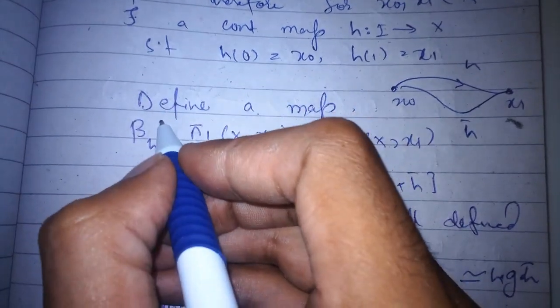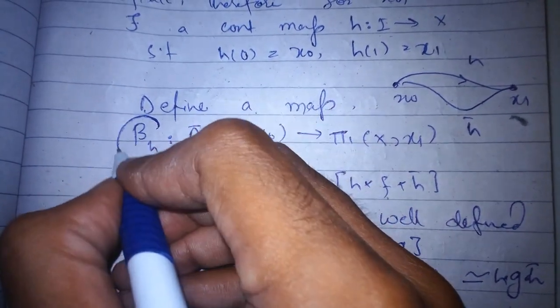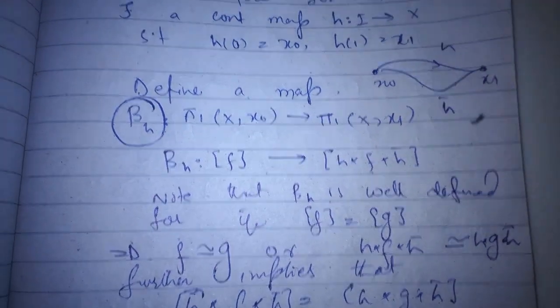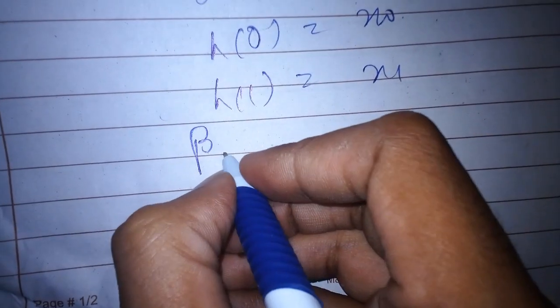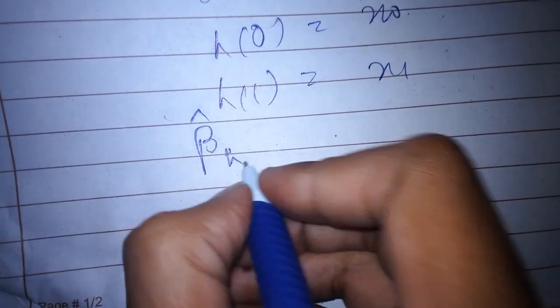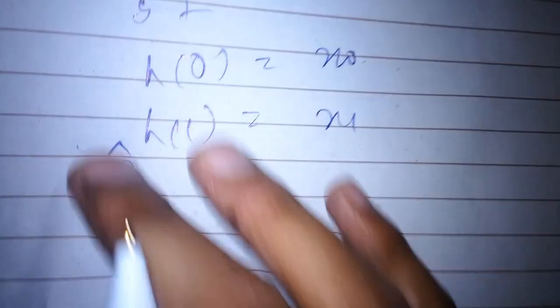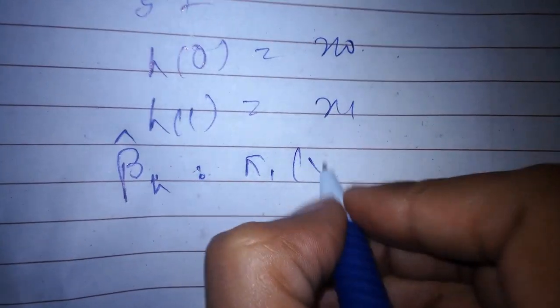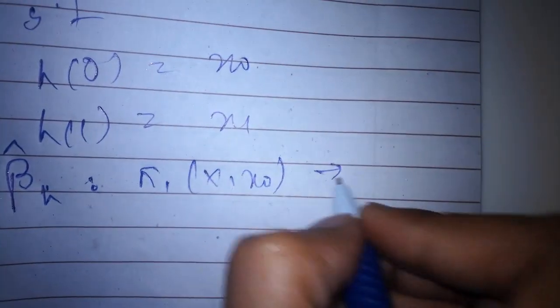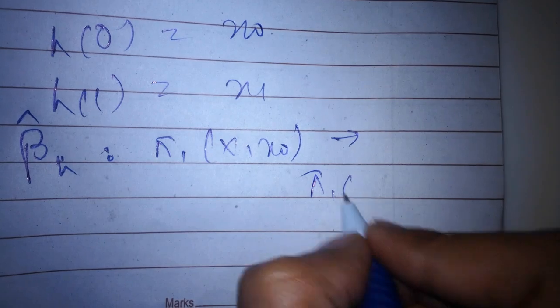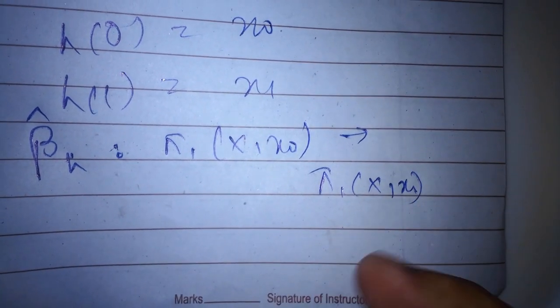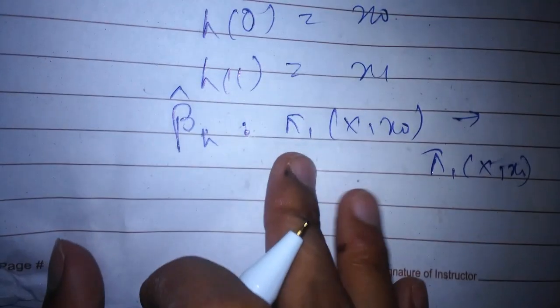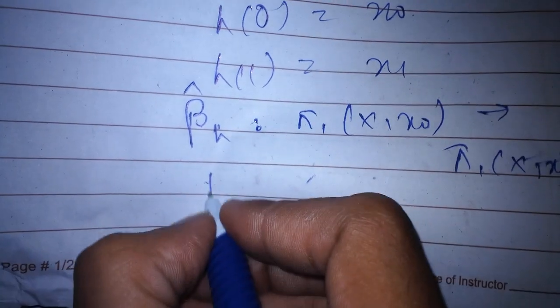We define another map, beta h, from the first fundamental group of X with base point x naught to the first fundamental group of X with base point x1. And how does this work?